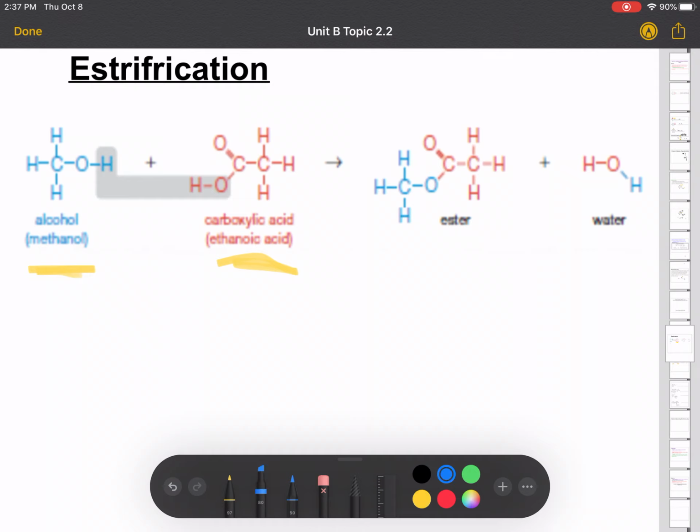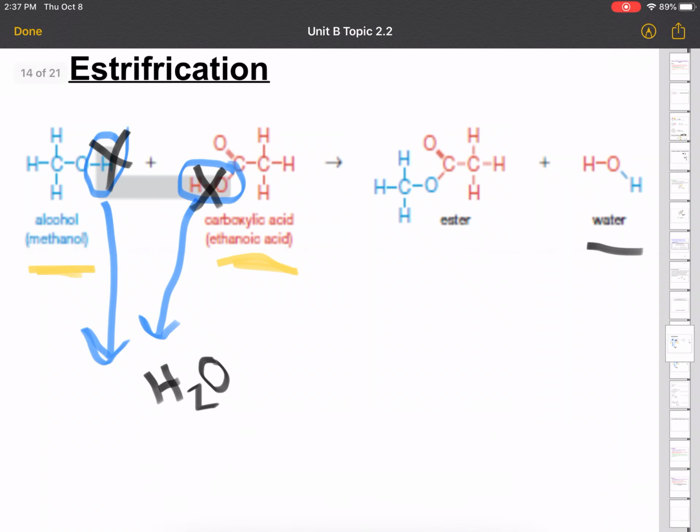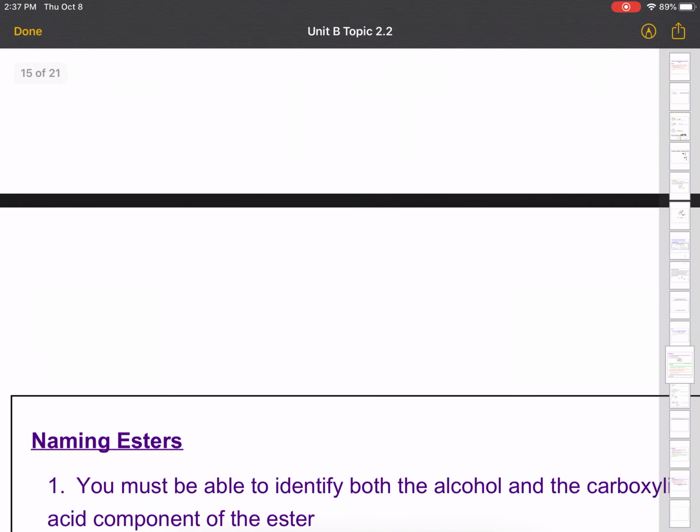The hydrogen on the alcohol is going to leave, and the OH on here is going to leave. And if we see those two things leaving, an H and an H and an O, that gives us H2O. So that creates water, and when those are gone, those two things will connect. So the alcohol and the carboxylic acid will connect to make that ester, and then the water molecule. Okay, so that's esterification. That's how we create it.